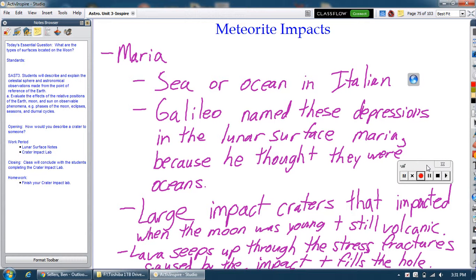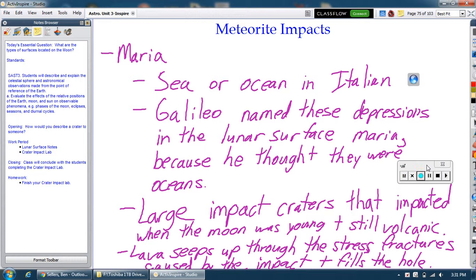And that's not crazy to think that, because our planet has oceans, and maybe that one does too. And he had a very weak telescope, so that's not as crazy an idea as you think it would be. So we kept that name, and we now name other features on the moon the sea, like the Sea of Storms and the Sea of Tranquility and so forth.